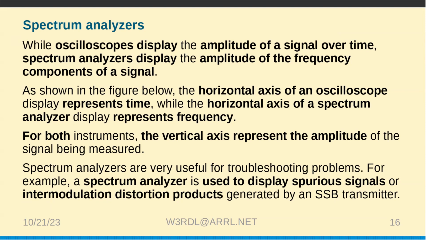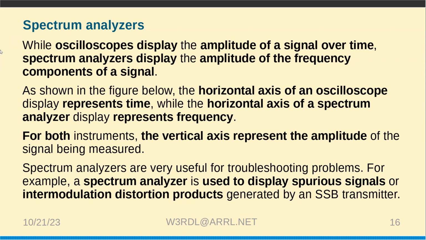The main thing that I've used it for is that you can look for harmonics and spurious signals on a signal, like the output of your transmitter, or even stuff you're seeing on your antenna, which could be other noise sources around, and you're seeing it as spikes somewhere on the spectrum.